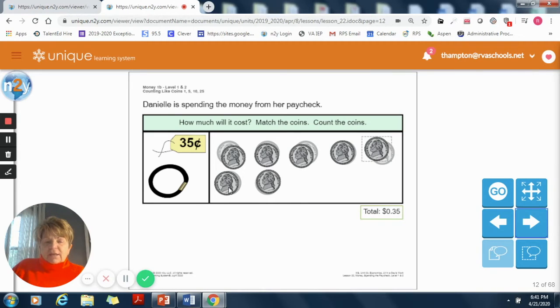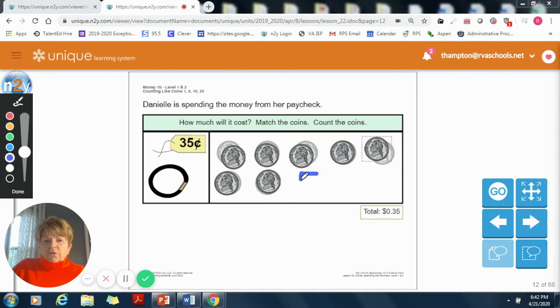So let's count again. 5, 10, 15, 20, 25, 30, 35. And what was that multiplication problem that we came up with? We had it's worth 5 cents, and we have 7 of them. So that equals 35. Very good.